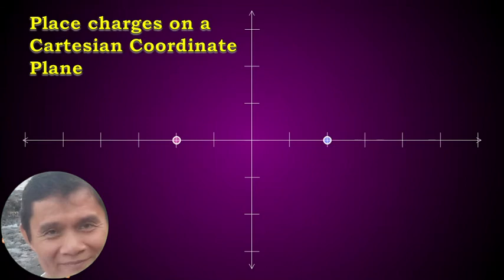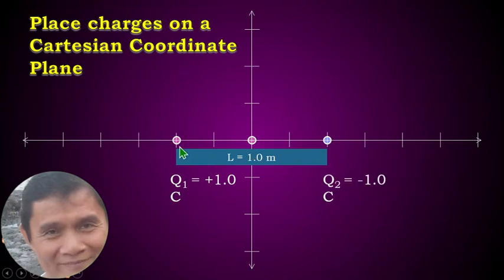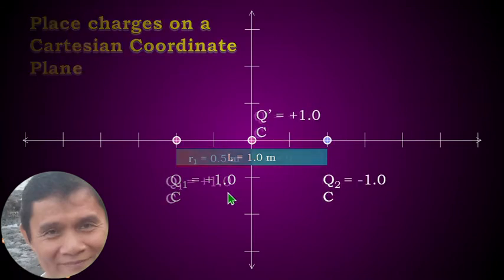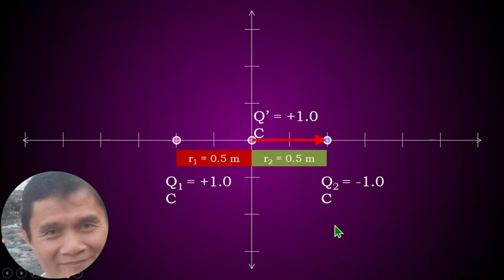Okay, so this is our first situation. Charges on the Cartesian coordinate plane. One charge is center, negative on one side, positive on the other side. So this is our current setup.